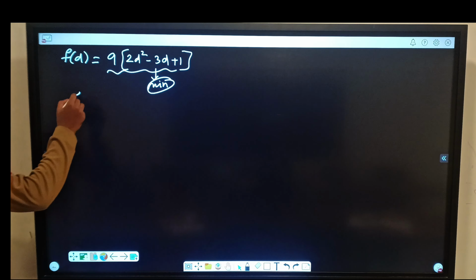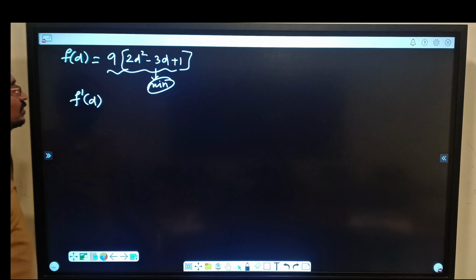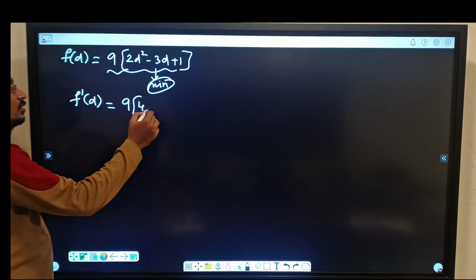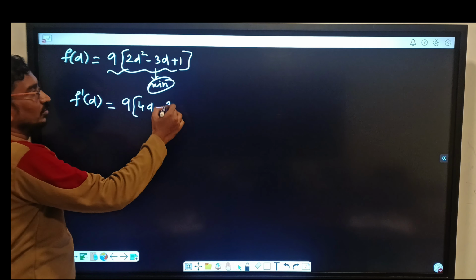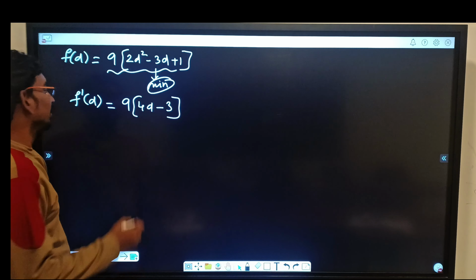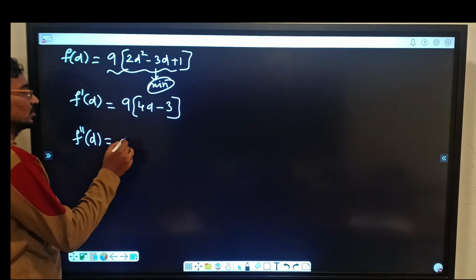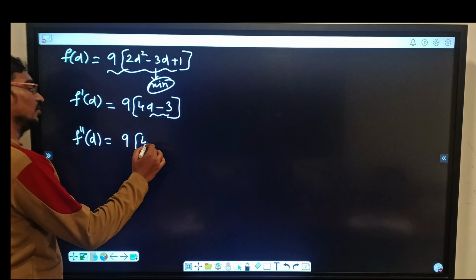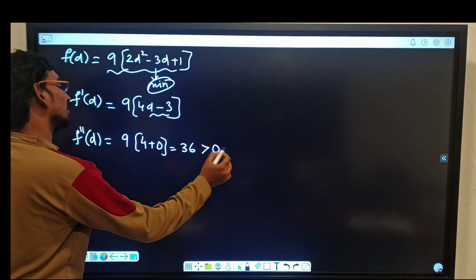Calculus: f dash d. Same as f of x, so f dash d is 9 into the derivative of 2d squared, which is 4d, minus 3d's derivative, 3, and the derivative of 1 is 0. So 4d minus 3. F double dash: 9 into the derivative of this, which is 4, so total 36, greater than 0.